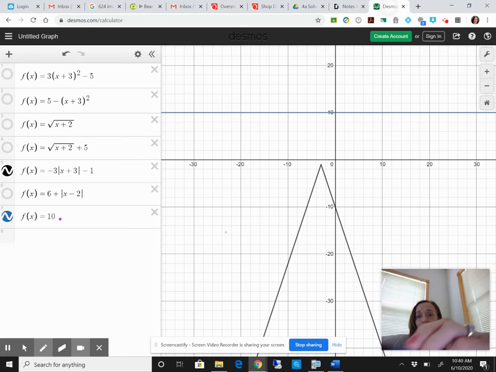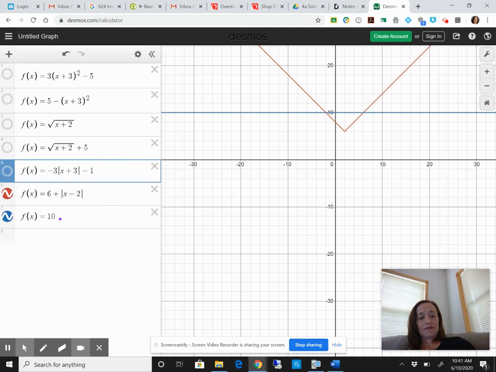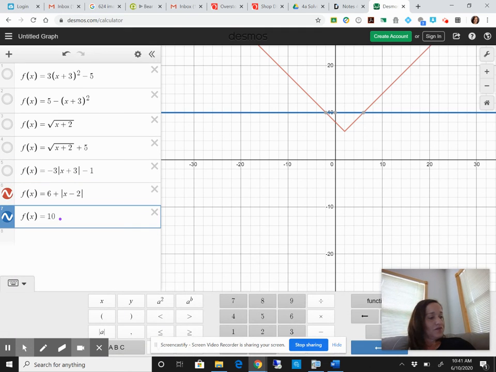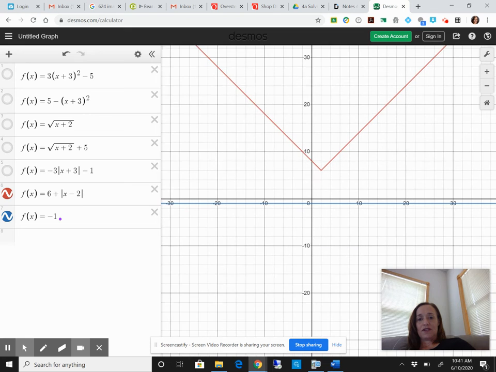And just double checking here, because I have that one here. And if I say the value, which was negative 1, you can see now this is an upright parabola here, but you can see it's no solution because the horizontal line negative 1 and the absolute value function, which is red, they never cross.